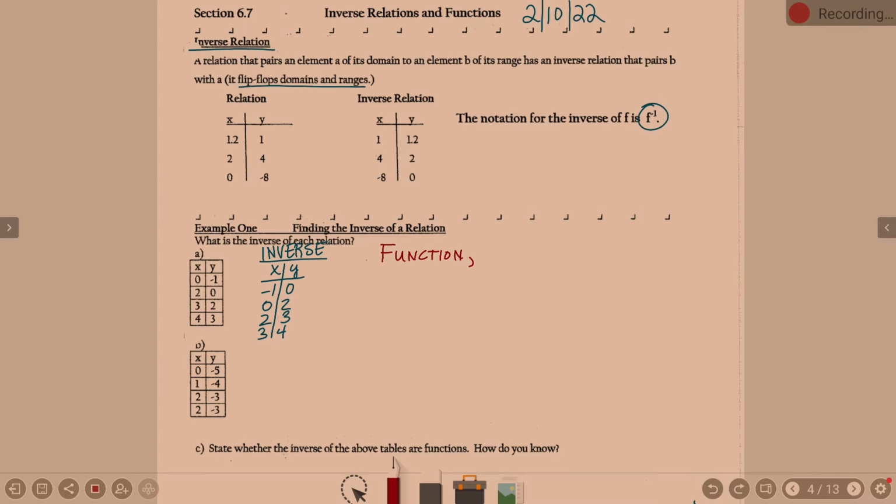But more officially, each x value pairs with exactly one y value.